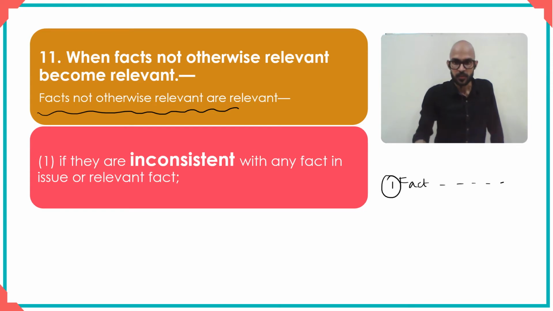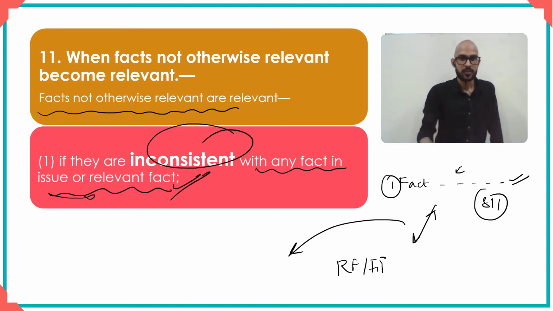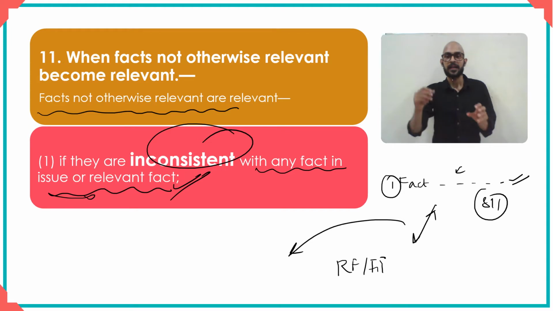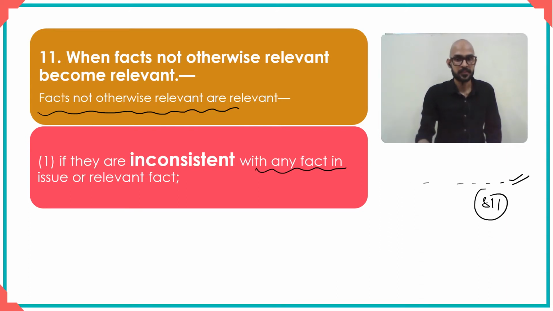This is the first fact, which is being made relevant by section 11 by virtue of its relationship with a relevant fact or fact in issue. Because you can see here it says with any fact in issue or relevant fact. And the word that is used here is inconsistent. So we see the word inconsistent, and then we have a fact, the new fact which is being made relevant by section 11, and its relationship with fact in issue or relevant fact. Okay. So just note this, the first word that we see is inconsistent. We see that in 11 subsection 1.